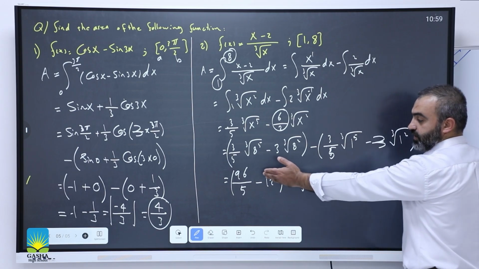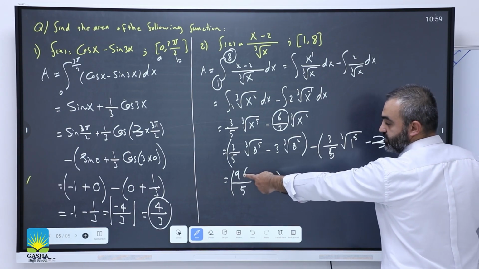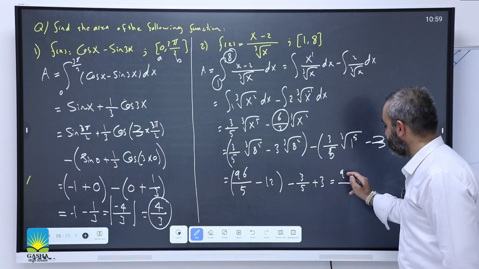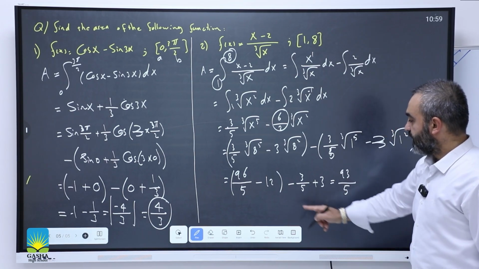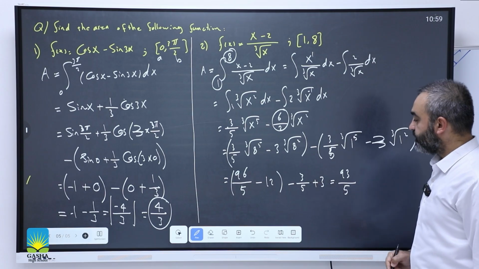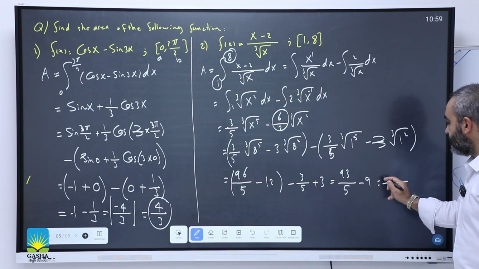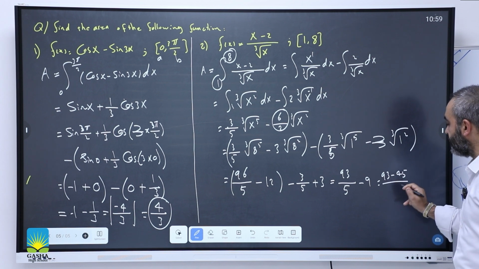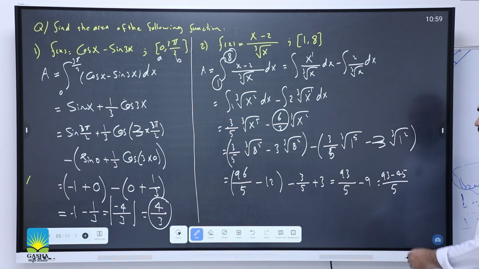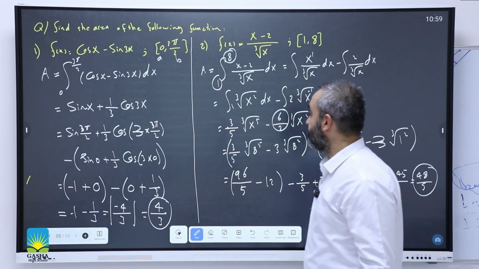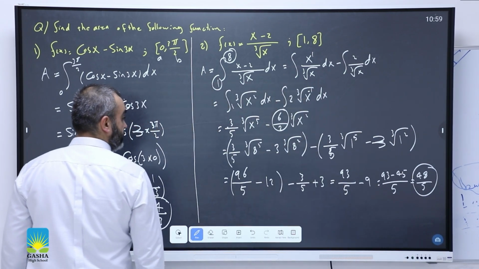Then calculate 96 minus 3, it's 93 over 5. And negative 12 plus 3 is minus 9. So this is 93 minus 45 over 5. 93 minus 45 is 48. 48 over 5. The result is positive, so there's no problem about the area, right?